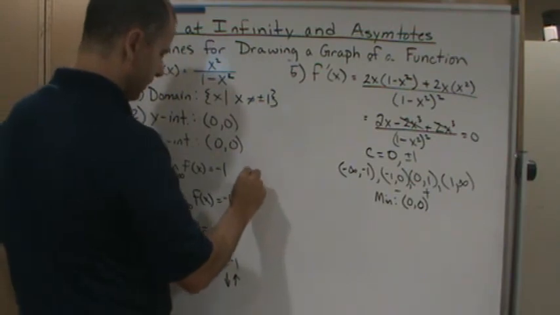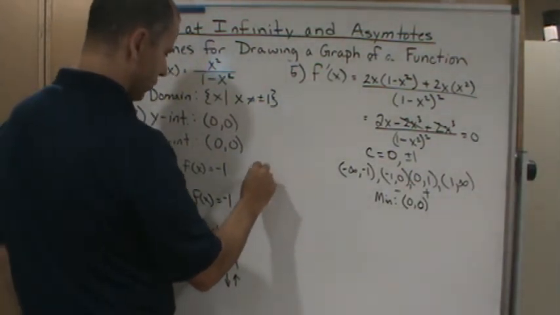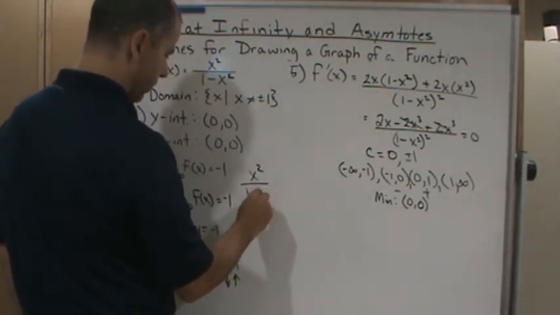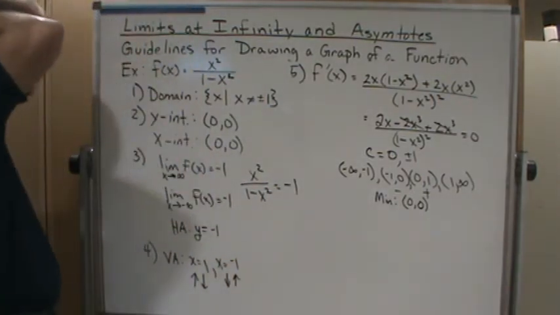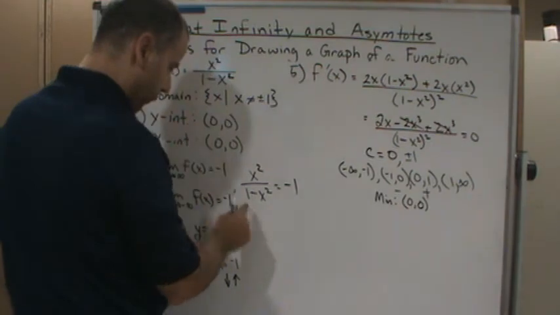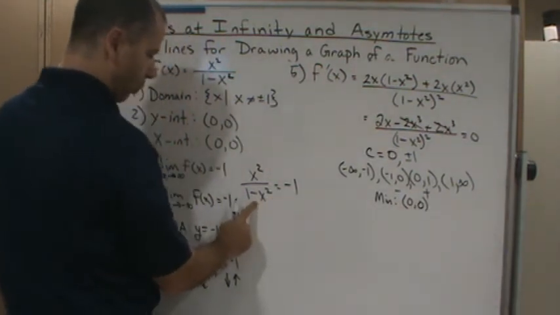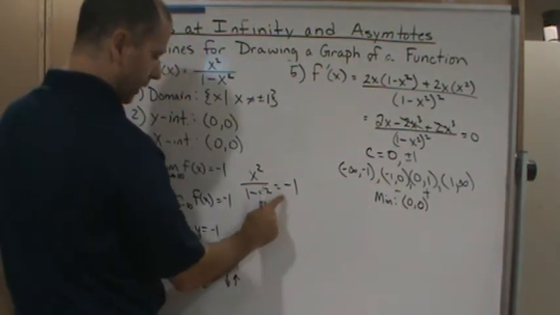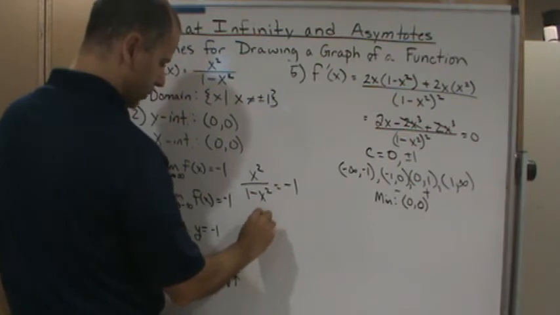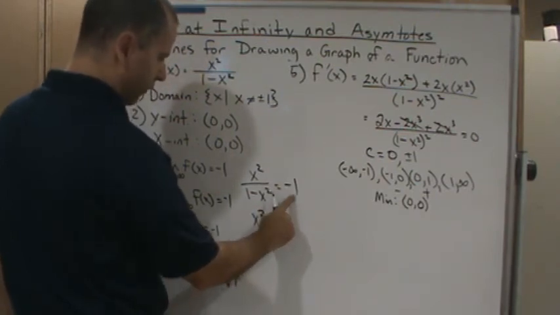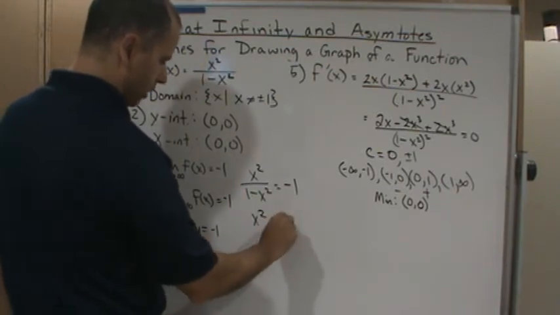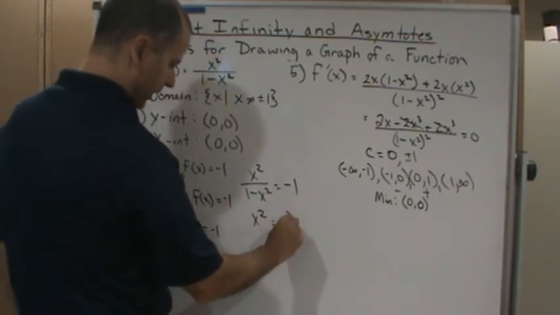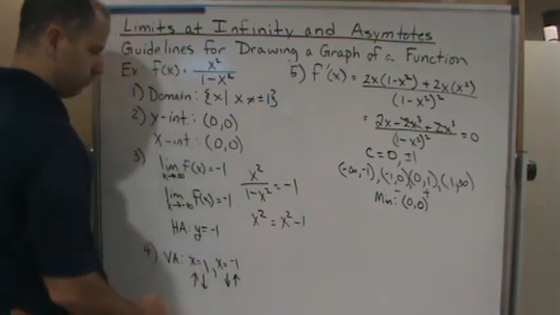So I'm going to set up the equation x squared divided by 1 minus x squared is equal to -1, and then see if I can solve it. If I multiply both sides by 1 minus x squared, I get x squared equals, now -1 times this will have me switch the two terms, so x squared minus 1.